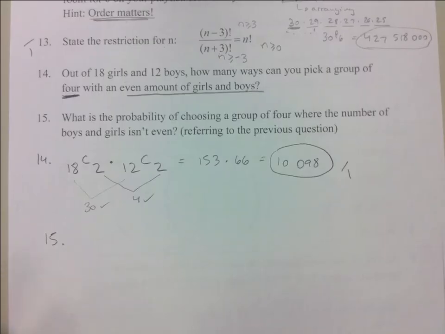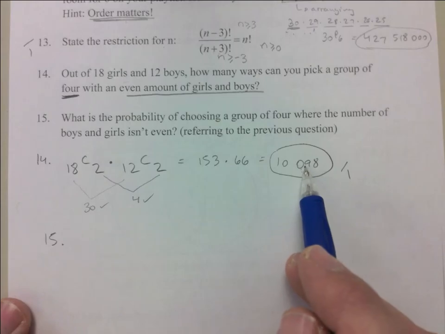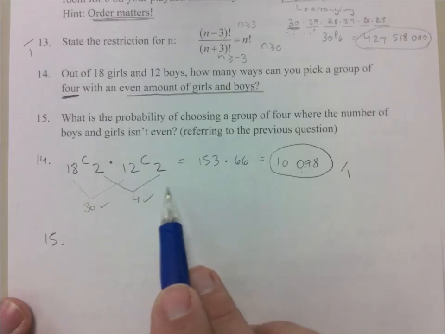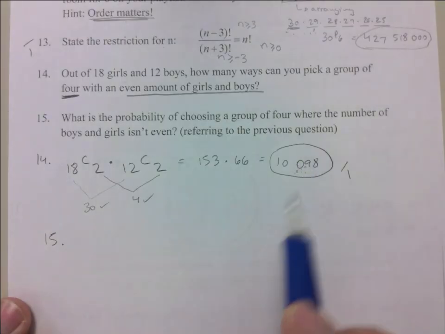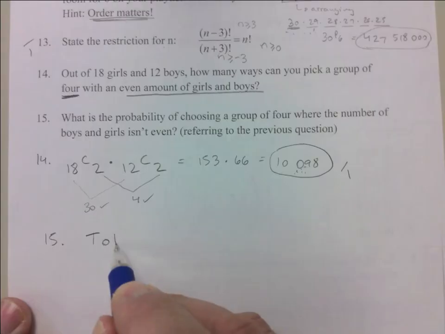What's the probability of choosing a group of 4 where the number of boys and girls isn't even? Referring to the previous question. I was hoping you're going to use this answer for this one. How many even groups are there? So how many cases that are not even? You're going to get sick of this.